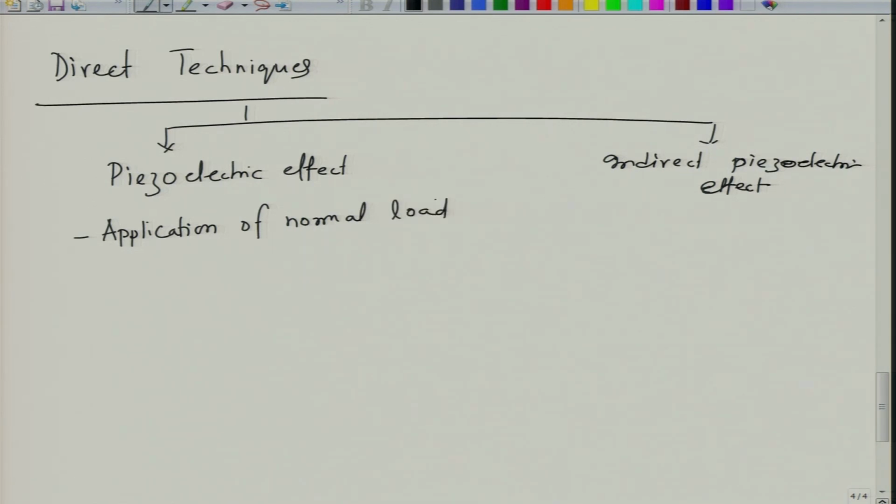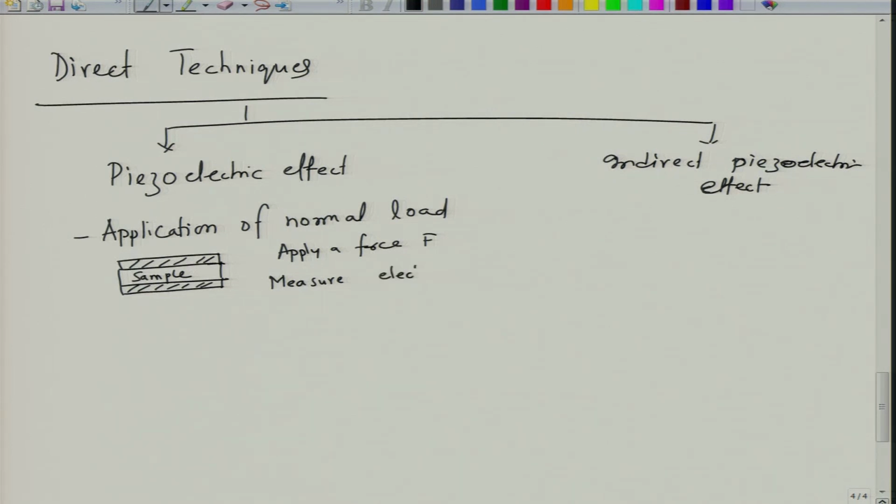So, basically what you do is you have a sample, so this is your sample, sandwiched between two electrodes and then you apply a mechanical load, a force F, and you basically measure the electrical charge, or dielectric displacement as we say.